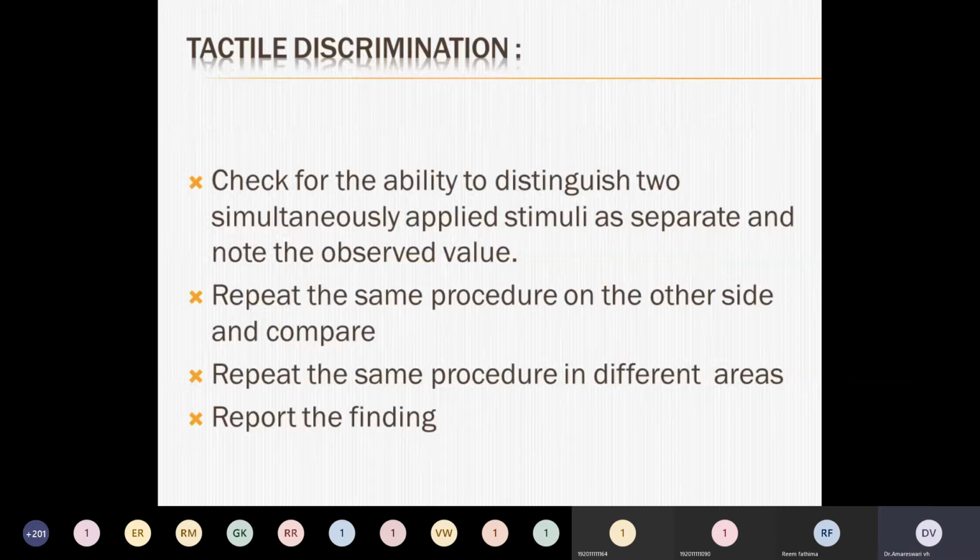Anybody? Can you tell what is tactile discrimination? I want one more student who can answer for this. Tactile discrimination. What is that? Sensory system over? No. Theory part.